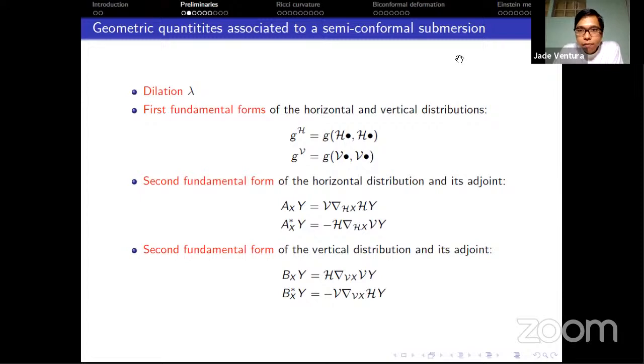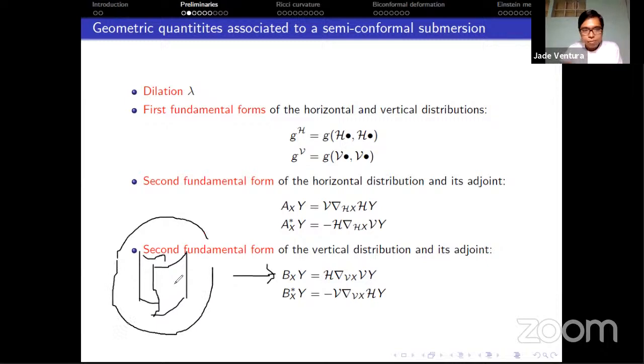Let's take a closer look at these second fundamental forms. For example, this B, second fundamental form of the vertical distribution, you can think of that as the indication of how the vertical fibers of the map are curved inside the manifold M. Their extrinsic geometry inside the manifold M. And for B, it takes two vectors as inputs, X and Y. So what we do is take the vertical part of X and then take the vertical part of Y and then differentiate.